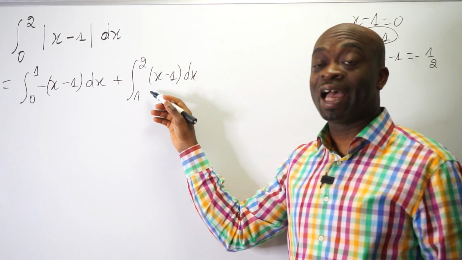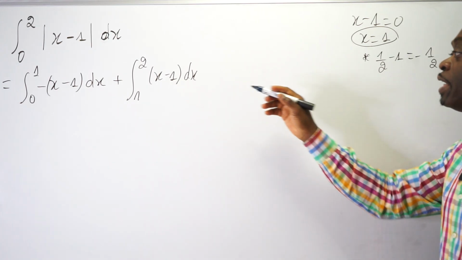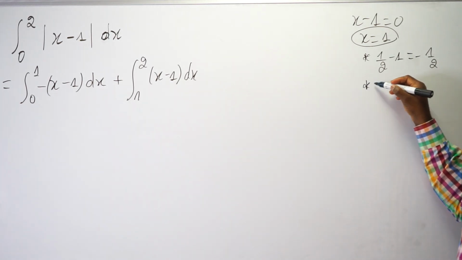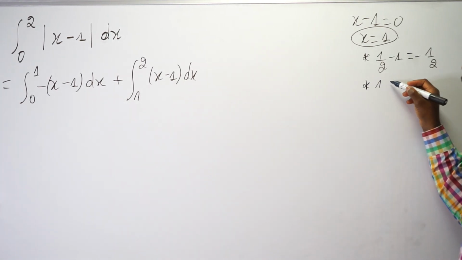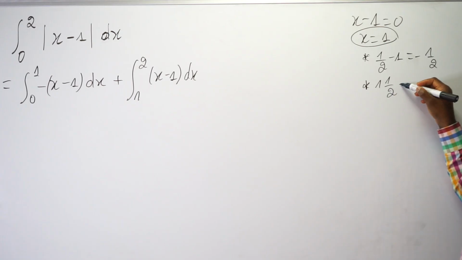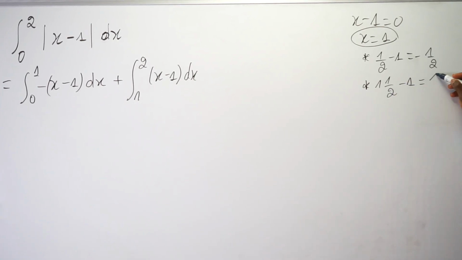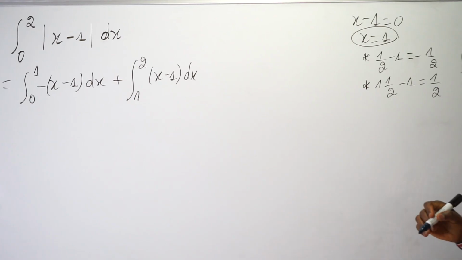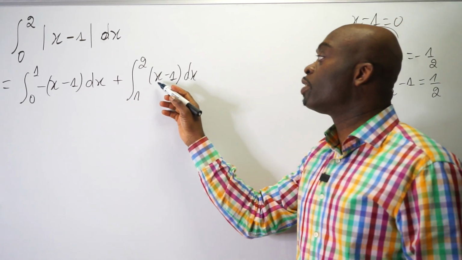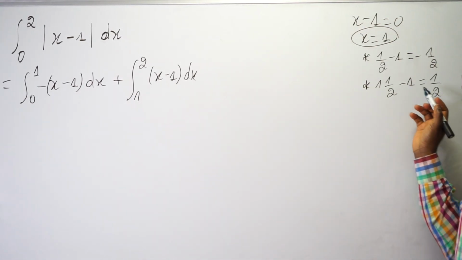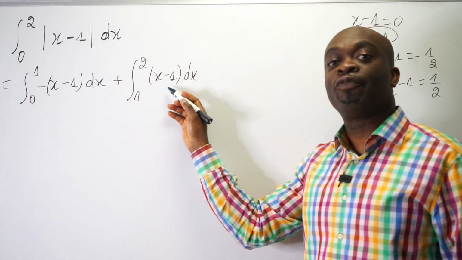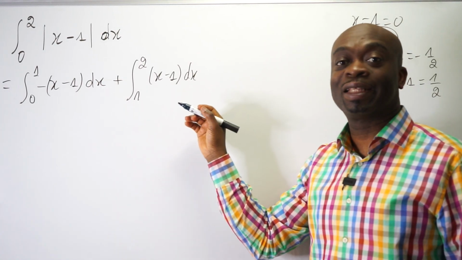So 1.5 minus 1 is going to give us what? Half. Positive. Because this is a positive half, this is a positive function. And this one stays like that.